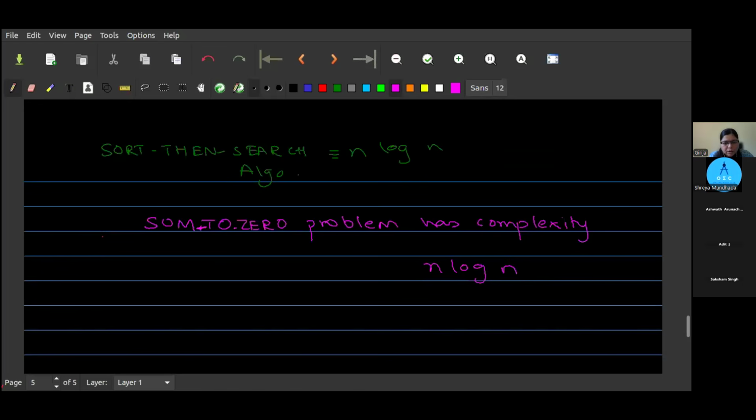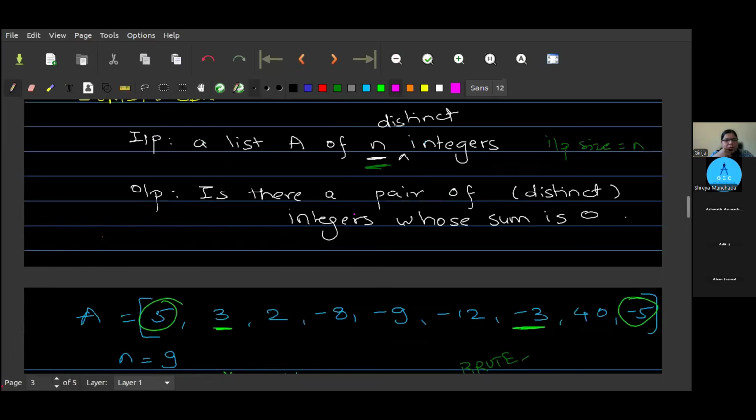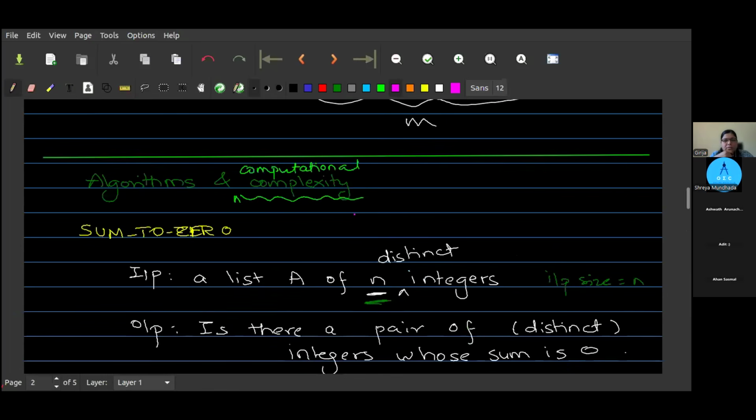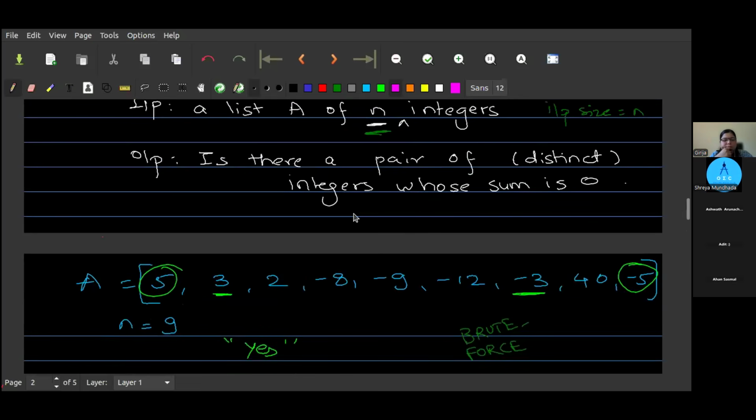Yes, what is the question? I had a question in the prime problem. One way of solving was checking all numbers from 2 to n minus 1. And another way is to check from n minus 1 back to 2.